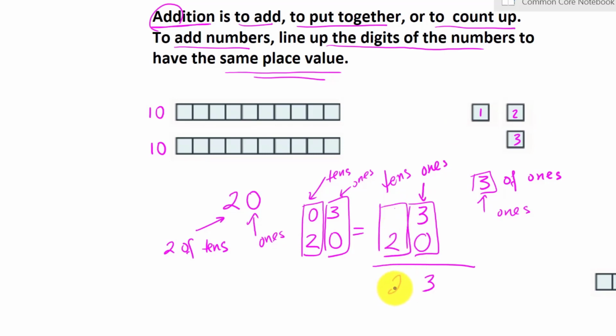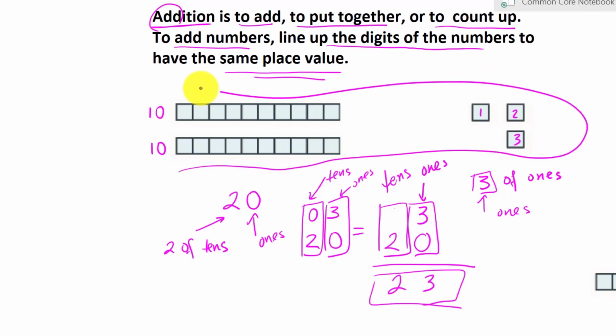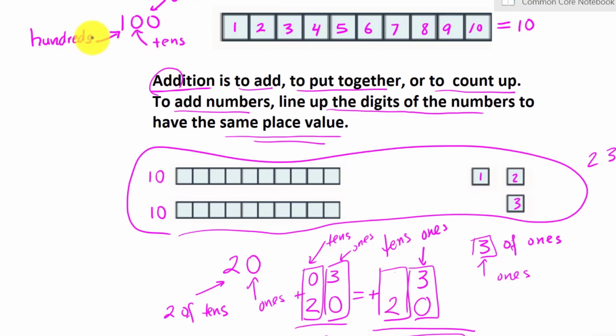That gives us 2. So what is the total for both samples? That is 23. And that is how addition works. In this case, 3 plus 20 equals 23. And that's adding. And if you don't like to add, just count them together using the place values.